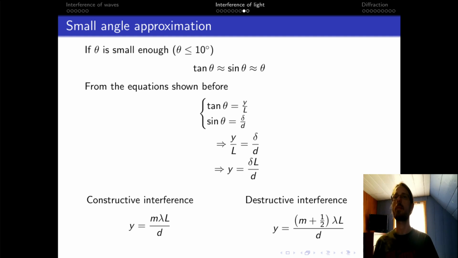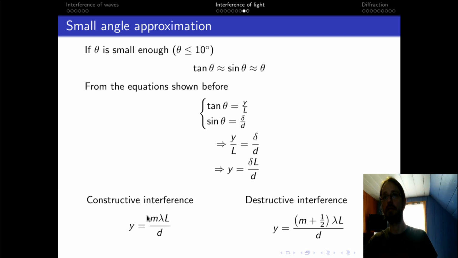In that case, whenever we say that the angle is small, the angle was measured compared to the center of the screen. So it means if the angle is small, that we're not going too far away from the center of the screen. In terms of our equations, that means the index m of the bright and dark fringes we are looking at is not too great.